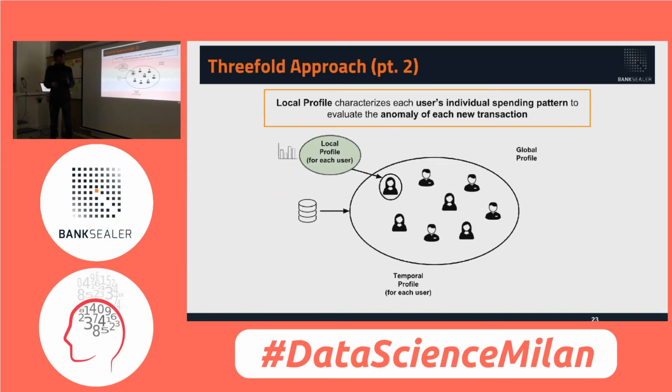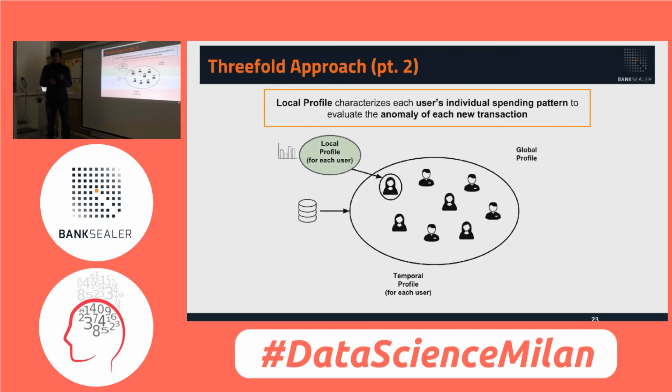For instance, if you have a user who usually performs bank transfers of 10 euros, you will have a histogram that shows that this user performs so many transactions of that kind. This is what we use as the main component of our system.